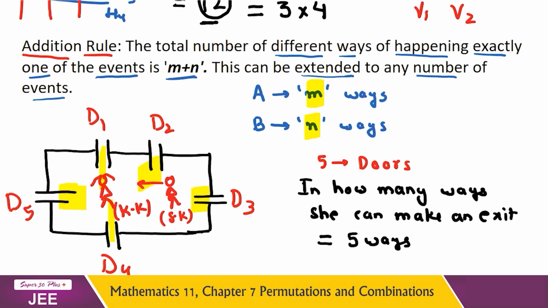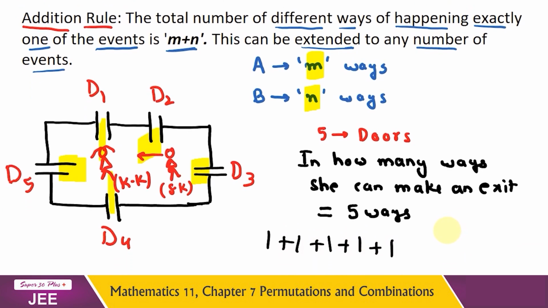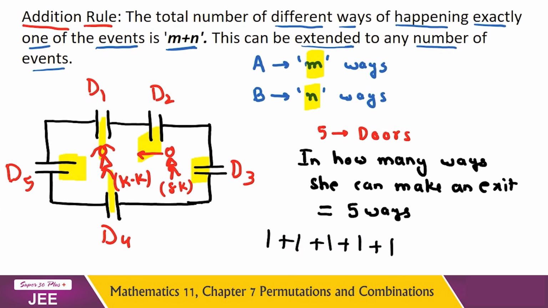Alright, so I can write 1 plus 1 plus 1 plus 1 plus 1. Why have I written 1 five times? Because I am trying to say that this is the total number of ways in which she could come out of door 1. This is the total number of ways in which she could come out of door 2. This is the total number of ways in which she could come out of door 3.